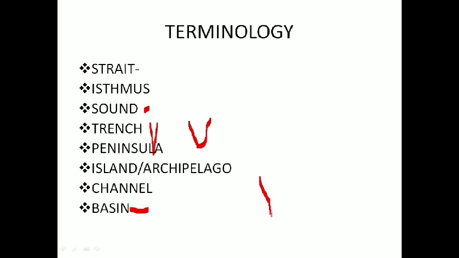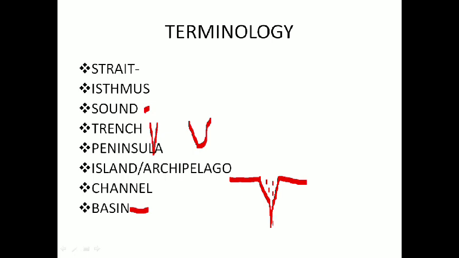What is a depression? If this is the landmass, a depression can be called a linear depression, like a ditch. And if that is filled with sediments, the particles present in the river or the ocean, the finer particles, it is a large sediment-filled depression.